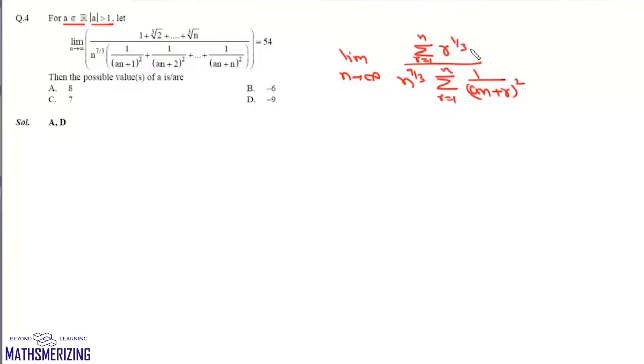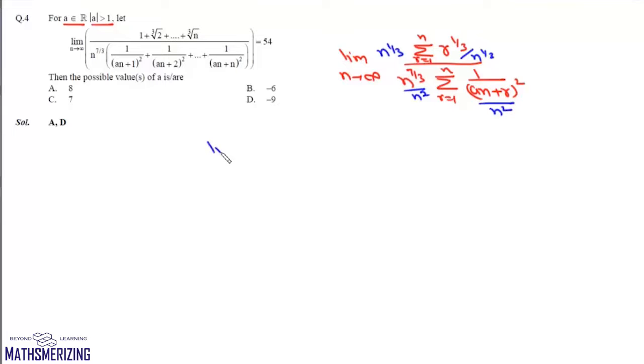Now what we'll do is, in the numerator, we'll multiply and divide with n to the power 1 by 3. And here also, we'll multiply and divide with n square.